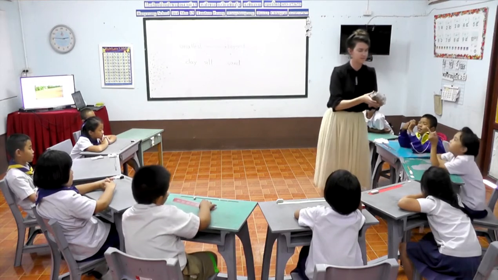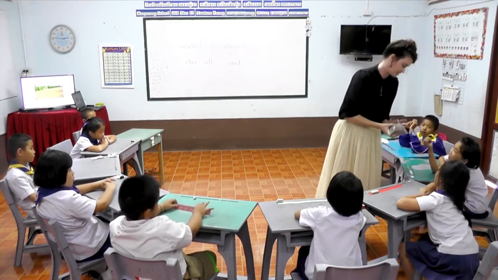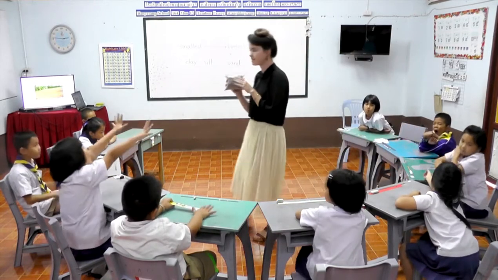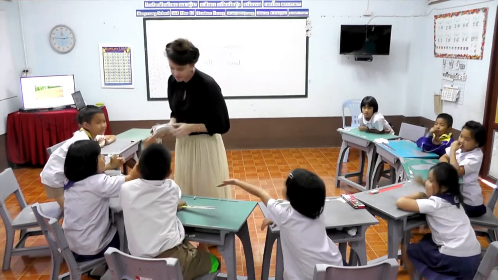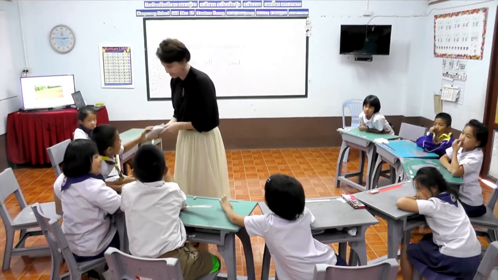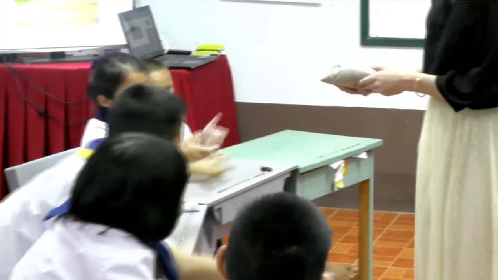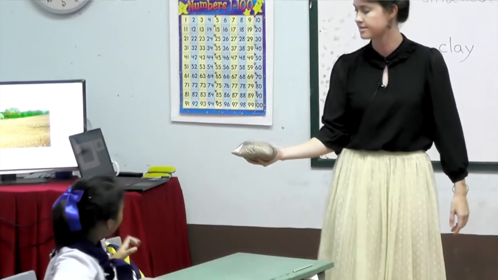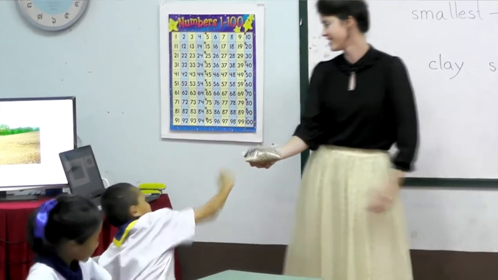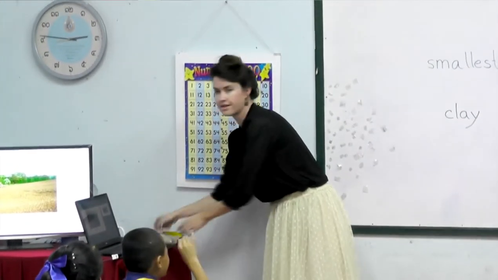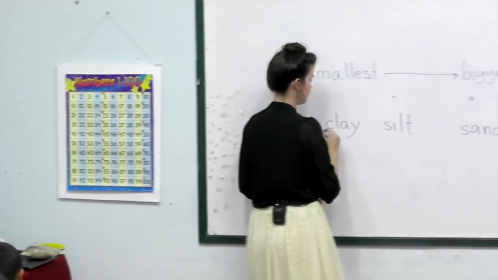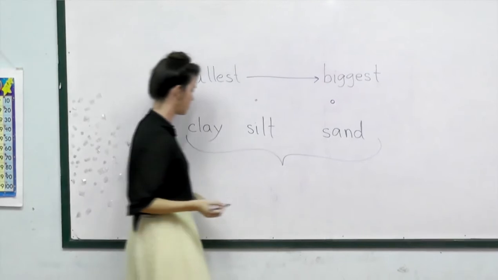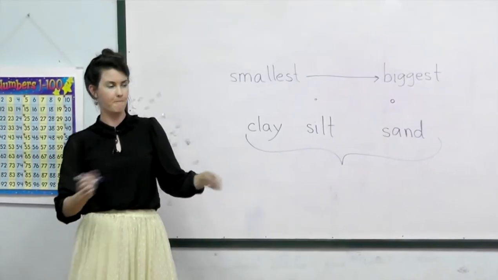They're so small. So we probably have some loam in this bag. So when we have all three kinds of soil, we call it loam.